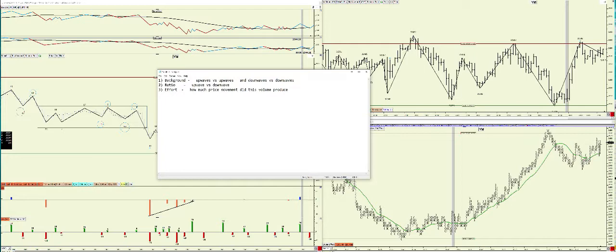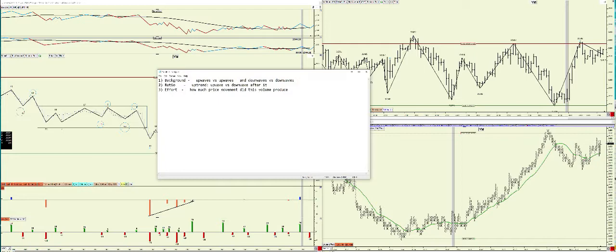So just think of rally versus pullback if you want, but it's just comparing one up wave to the subsequent down wave in an uptrend, or the down wave to the subsequent up wave in a downtrend. Did I say that wrong? Let me see. In an uptrend, it's up wave versus the down wave after it, and in a downtrend, it's the opposite. There you go.